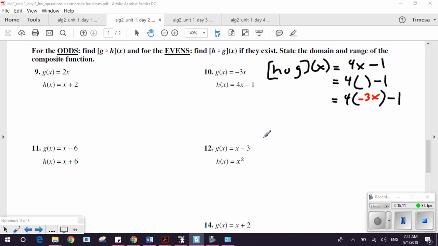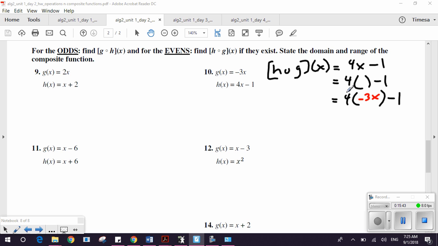So that's the composite component. That's all it takes: set up your candy shell, open a blank parentheses wherever x appears in the function, and then insert the gum function, whichever it is, inside of those parentheses. And now we have to carry out our algebra steps to simplify it.